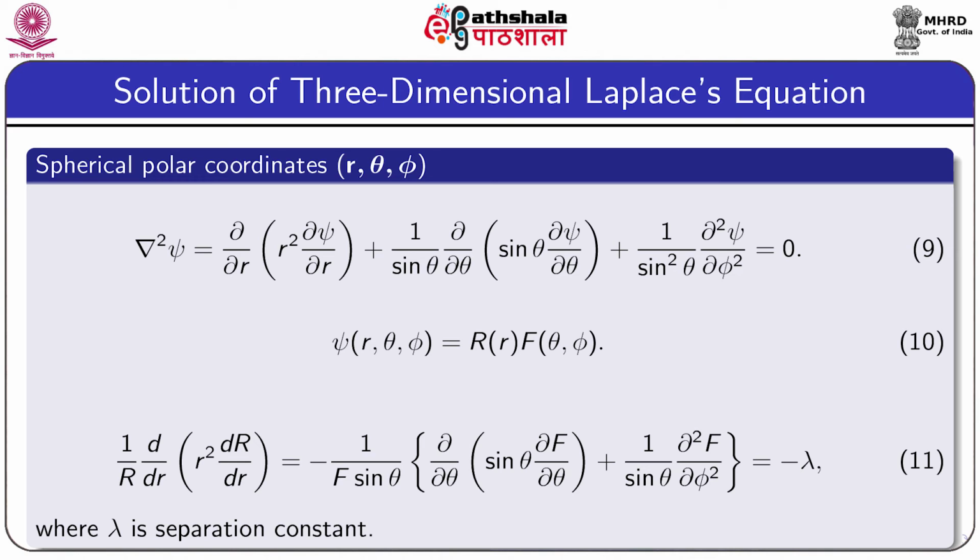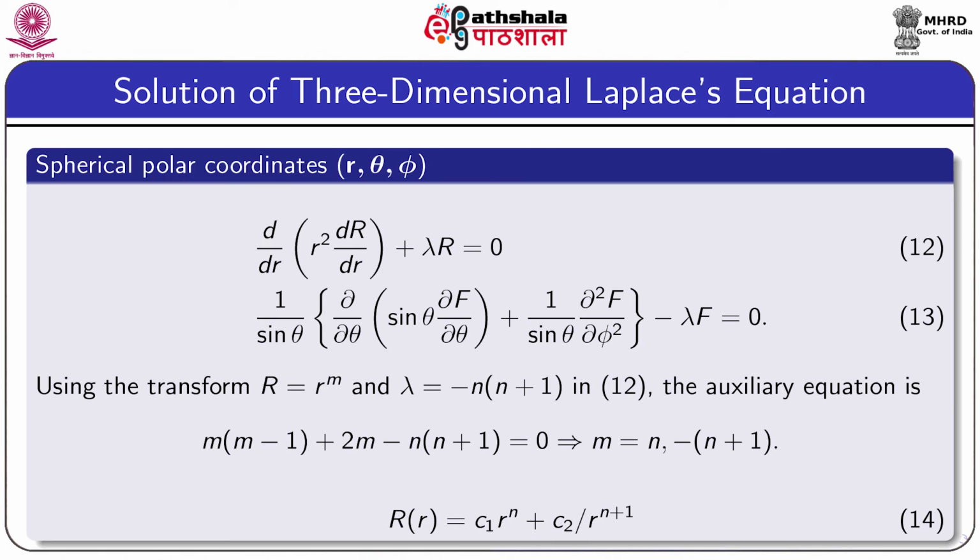From this equation we are separating the variable capital R from theta and phi, and we are assuming that lambda is the separation constant. Now, equating the expression for R which is written here to minus lambda, we get the equation for capital R which is written in equation number 12.